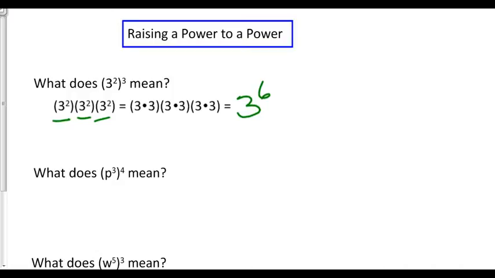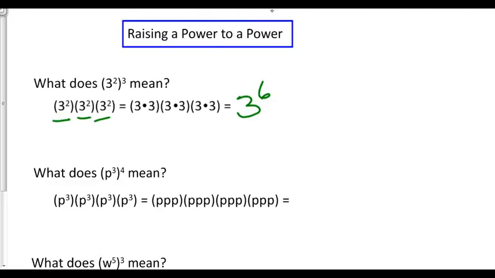P to the 3rd to the 4th, that quantity p to the 3rd, I'm raising it to the 4th power. That means I'm using p to the 3rd as a factor 4 times. Well, what does that mean? 3 p's being multiplied together in each of these parentheses. So all told, if we count them up, there are 12 p's being multiplied together there.